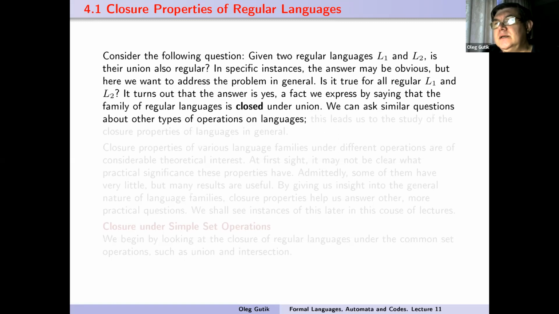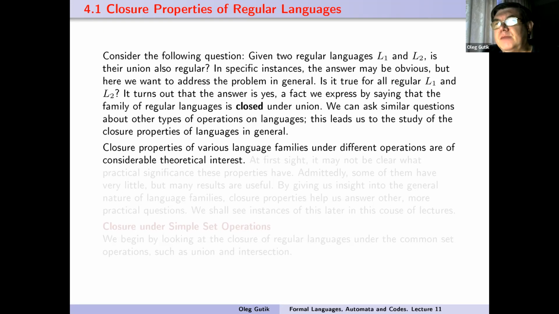We can ask similar questions about other types of operation on languages. This leads us to the study of the closure properties of languages in general. Closure properties of various language families under different operations are of considerable theoretical interest. At first thought, it may not be clear what practical significance these properties have.